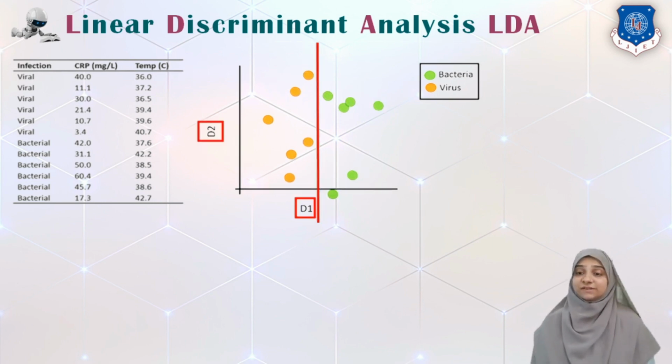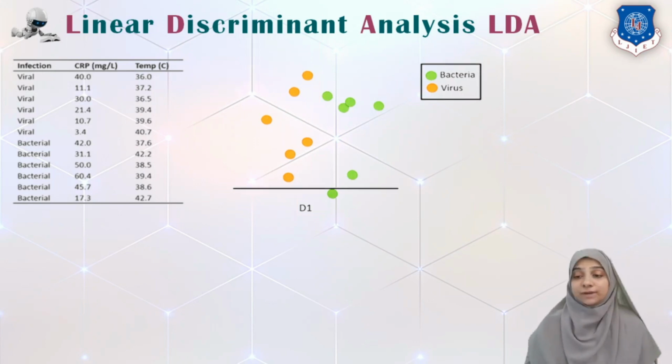With this partition, I can see that on the left hand side of the red line are all data points with viral infection, and on the right hand side of the red line are bacterial infection data points. As you can see, we have changed the name of the axes from temperature to D1 dimension and from CRP to D2 dimension.